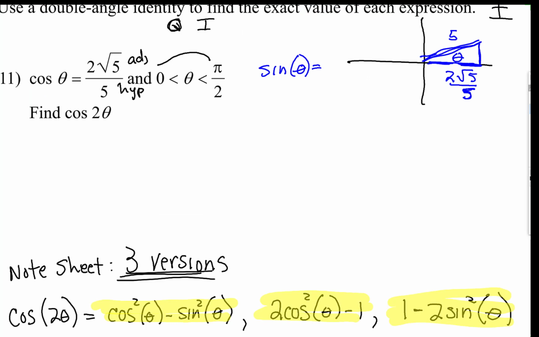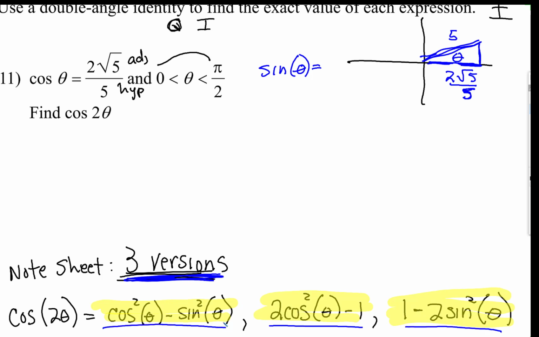Okay, now we're going to look at the double identity for cosine, but buckle up. There are 3 different versions of that function. Cosine 2 theta equals cosine squared theta, subtract sine squared theta. That's one version. You also have cosine 2 theta is equal to 2 times cosine squared theta subtract 1, or you have the version that's 1 subtract 2 sine squared theta.